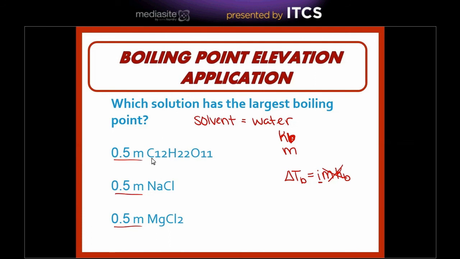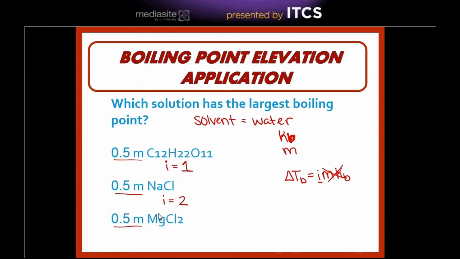So we look at the solute that we're adding. In this case, it's sucrose, which is a non-electrolyte. That means i is going to be equal to 1 because it's not breaking up in solution. However, if we add sodium chloride, this is a strong electrolyte which breaks up into two ions, Na plus and Cl minus. So our i value is 2 here.